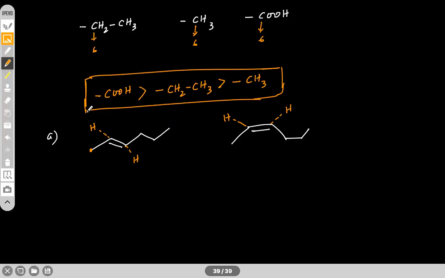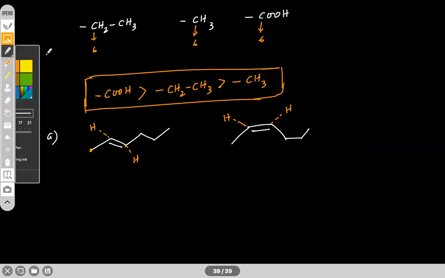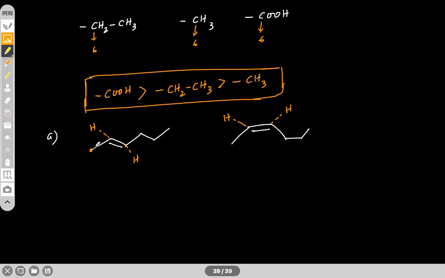However, it is not given, correct? Because it is a bond line structure. You know, in bond line structure, we do not represent the carbon-hydrogen bond. Okay. But I have written these hydrogens here to make you understand this. So you see, one side we have methyl and another side we have carbon, carbon, carbon, and hydrogen. If you assign priority, this methyl has higher priority than this hydrogen, and this propyl has higher priority than this hydrogen.